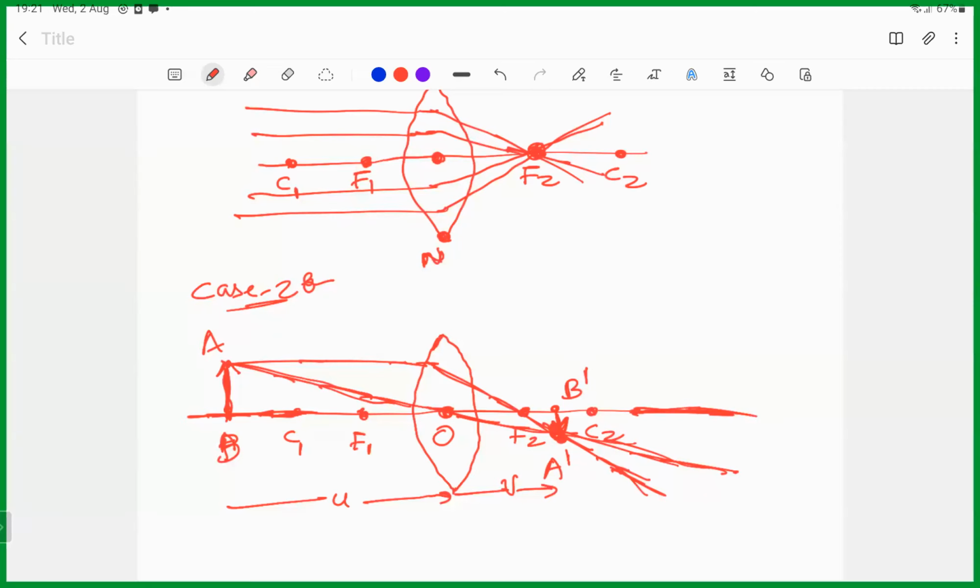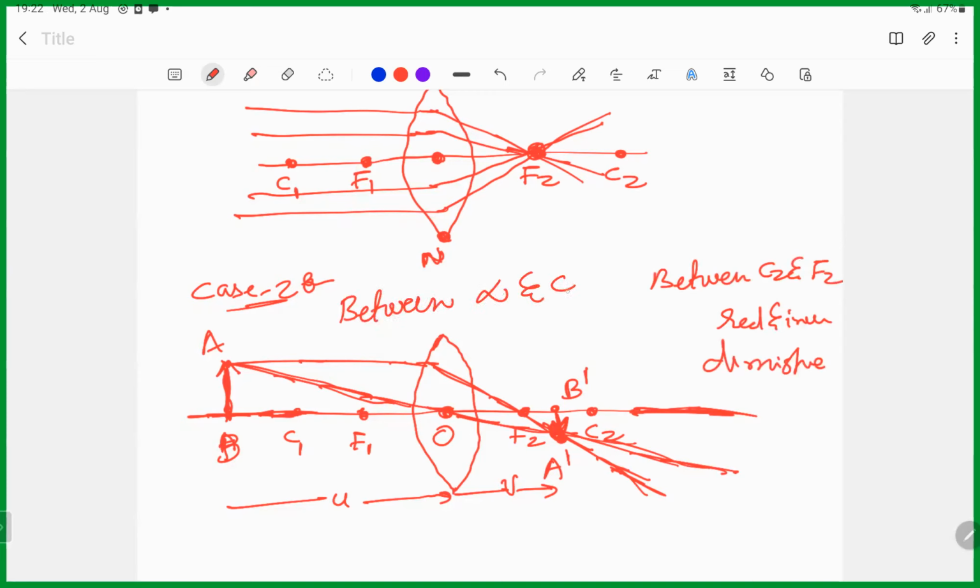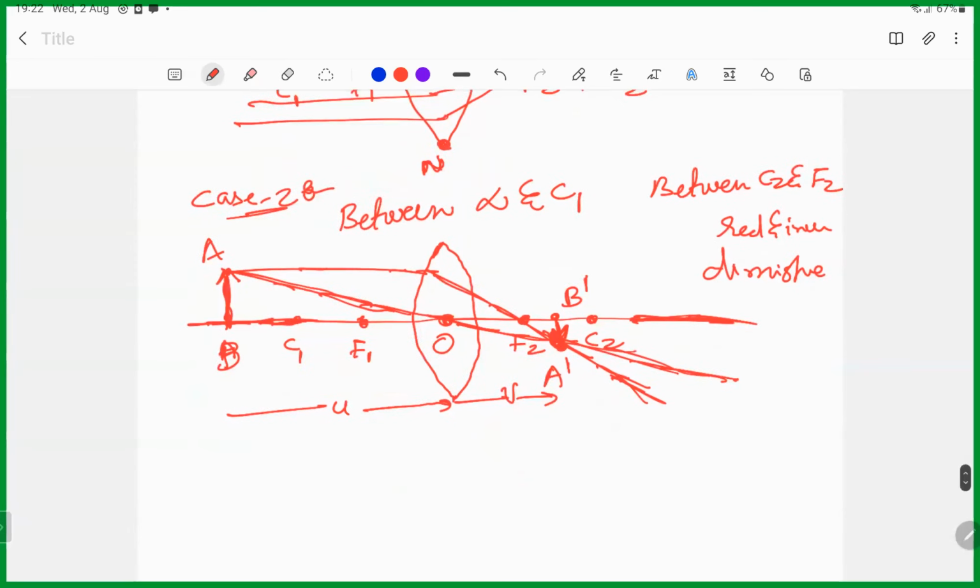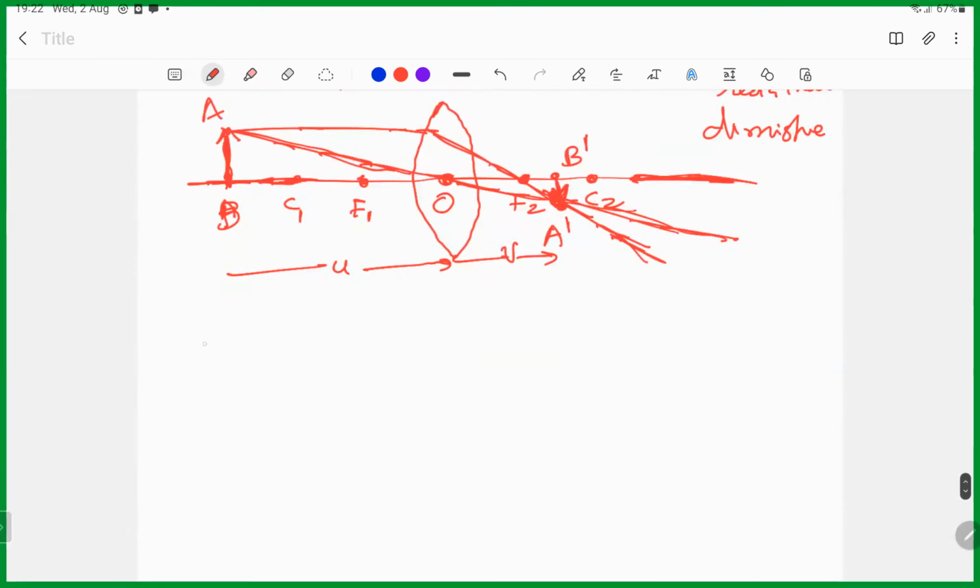Diminished, real and inverted, between C2 and F2. Okay. Case 2 is between infinity and C1.